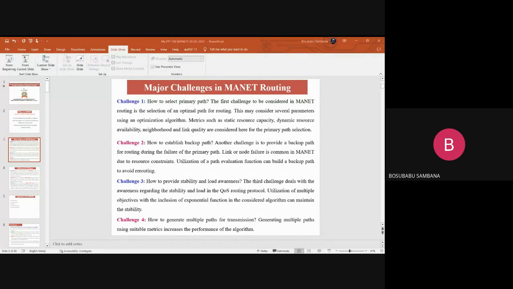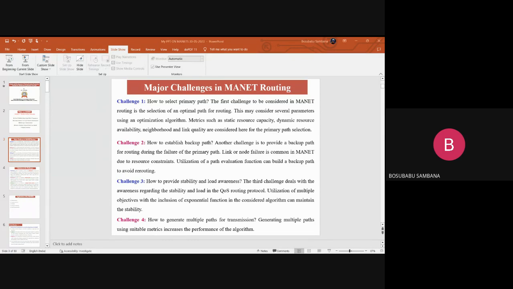In this case, many algorithms work for data transmission in MANETs, and many routing algorithms are utilized. The next challenge is how to generate multiple paths for transmission.